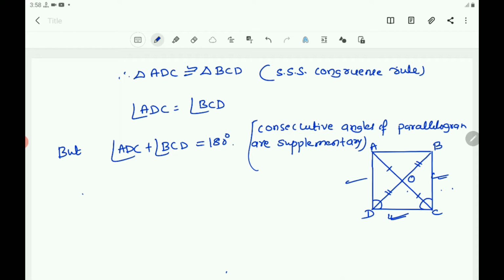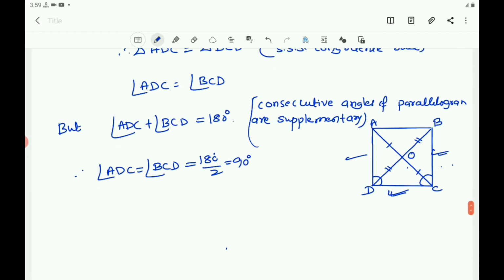Therefore angle ADC equals angle BCD, both equal to 180 by 2, that equals 90 degrees. So you got the angles are 90 degrees and the sides are equal, as AB equals BC equals CD equals DA, and angle D equals angle C, both equal to 90 degrees.